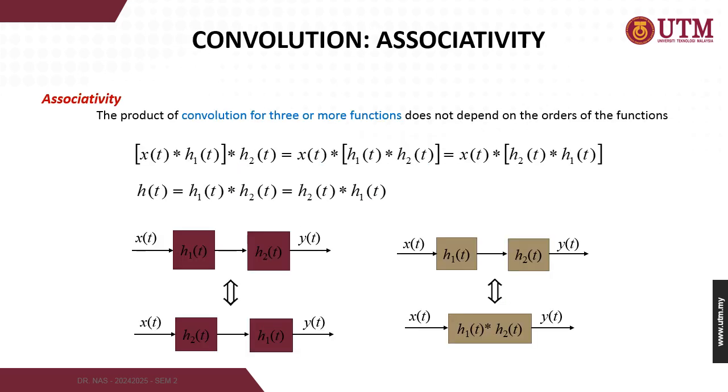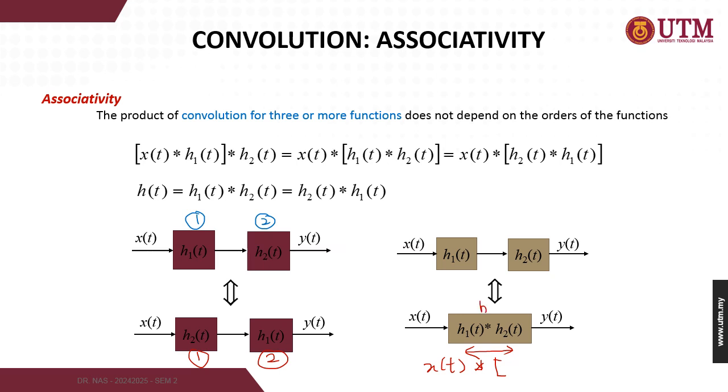For the second property, associativity, when you have an input convolved first with h1 and then convolved again with h2, it is equal to the input signal being convolved with h2 first and then h1. Likewise, with double convolution of h1 and h2, you can simplify the system by first convolving the two systems and then convolving the input signal with the result.